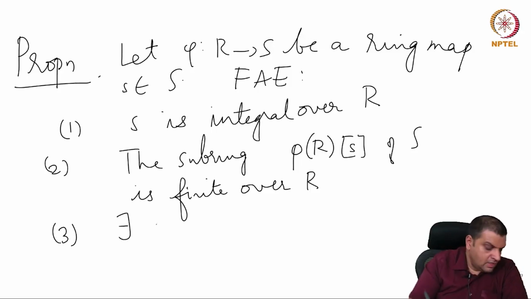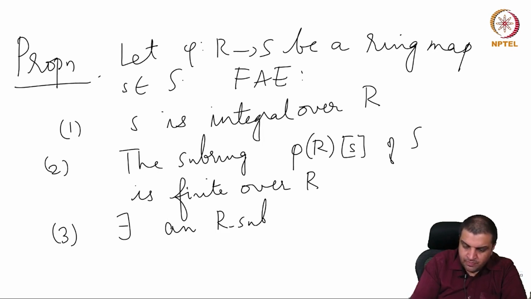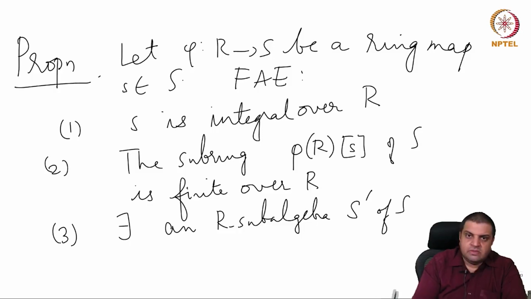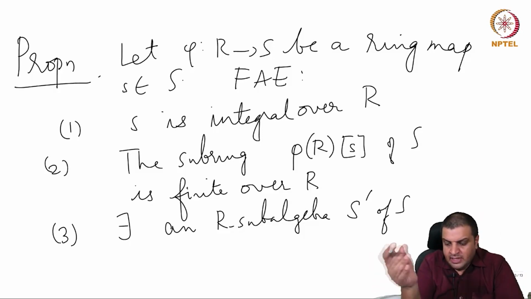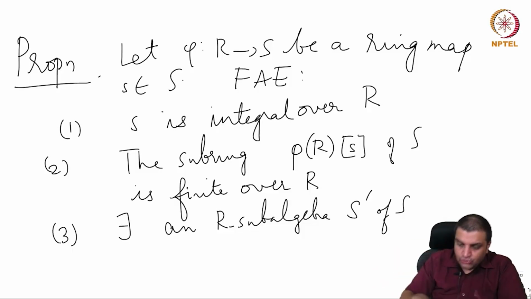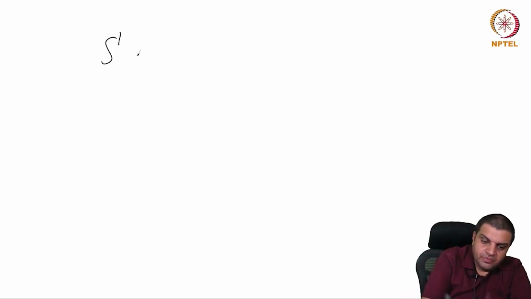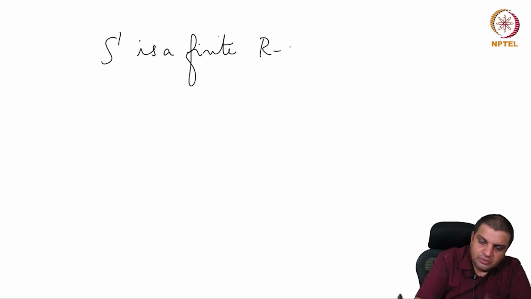There exists an R-subalgebra S prime of S. So it is a subset and it is a subring, but the map from R to S goes through this S prime. So it contains the image of phi. That's what we mean by subalgebra, such that S prime is a finite R-algebra.